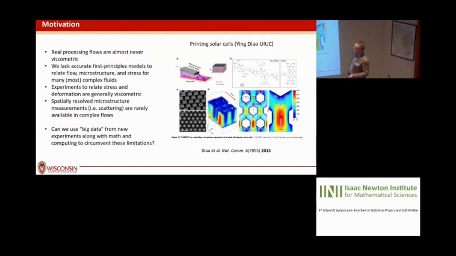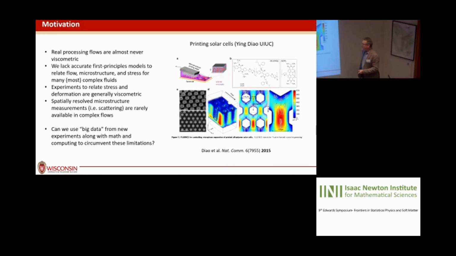Despite the best efforts of many people, we lack accurate first principles models relating flow, microstructure, and stress in realistic complex fluids. And then again, this is an issue that was addressed to some extent in the experiments from Matt Helgeson, which I'll describe. We don't often have spatially resolved microstructure measurements in the same kinds of situations where you have industrially relevant flows.